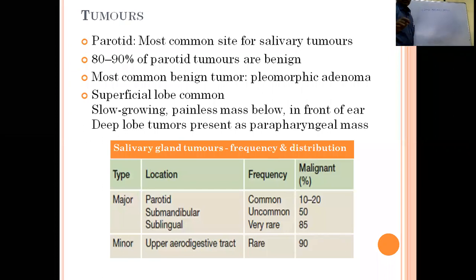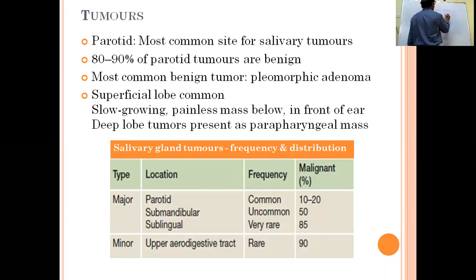For tumors of the salivary glands, the first site is the parotid. Very common in the parotid: 80% of salivary gland tumors are seen in the parotid. Of this 80%, 80% are benign. In the parotid, 80% of salivary tumors are benign.